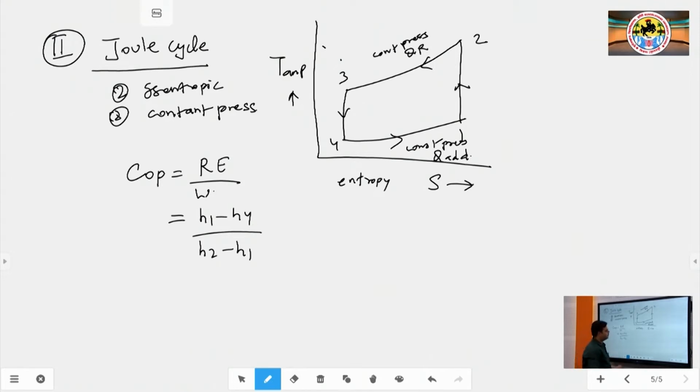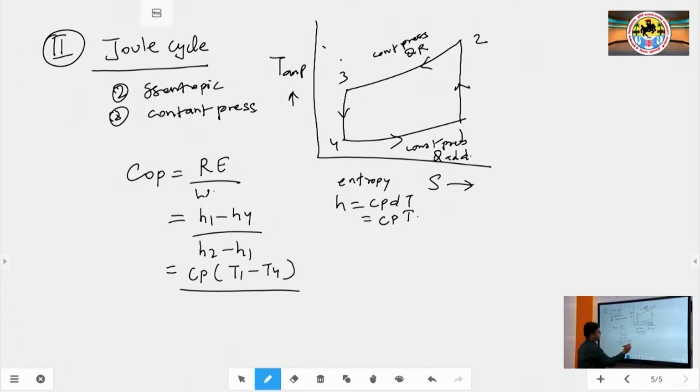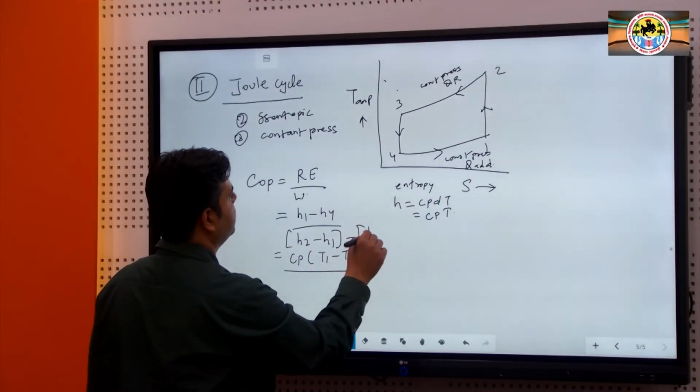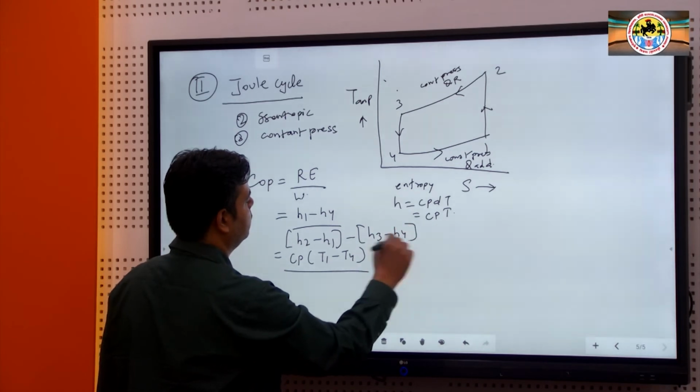H is the enthalpy, and H is Cp dT or Cp T. So in terms of temperature, that is Cp (T1 minus T4) divided by the compressor work H2 minus H1, minus the expansion work H3 minus H4.